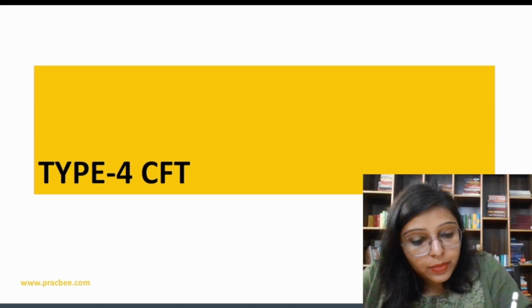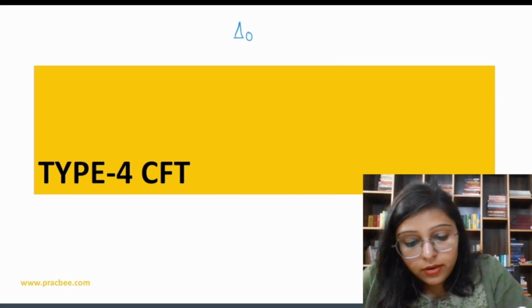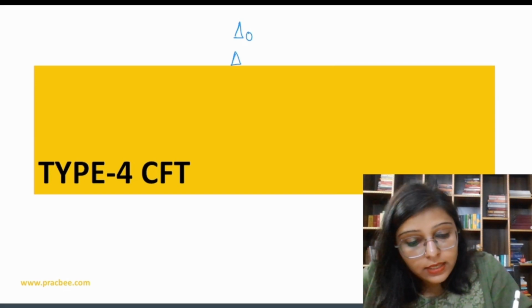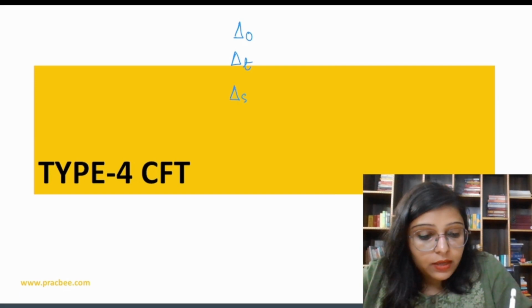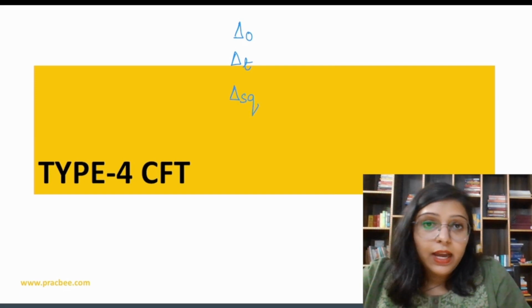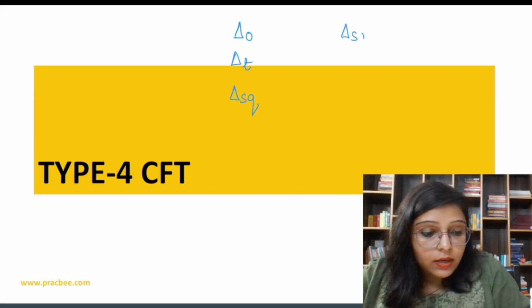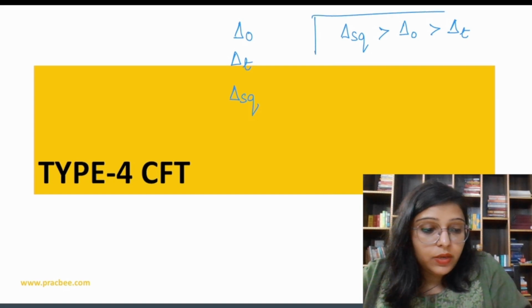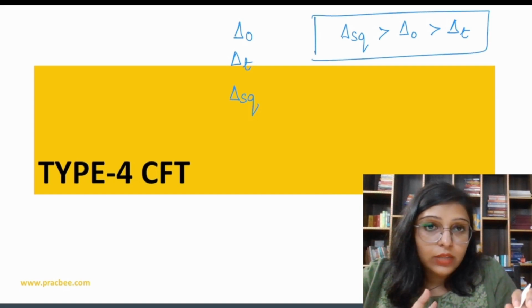In an octahedral complex we call it delta o, which is octahedral splitting, in tetrahedral it is delta T, and in square planar it is delta SQ. So square planar is more than octahedral and then tetrahedral splitting. Okay, so that is the order.